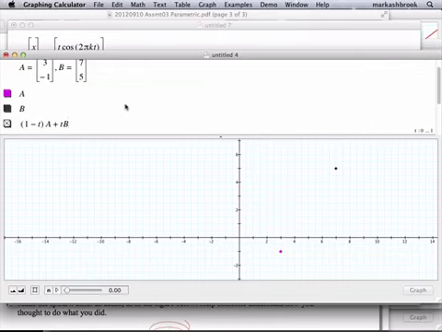Let's start with 0.5. You put 0.5 in for t, what will you get? I'm not asking for numbers, but if we put in 0.5 for t, what do we end up multiplying A and B by? Both by 0.5.